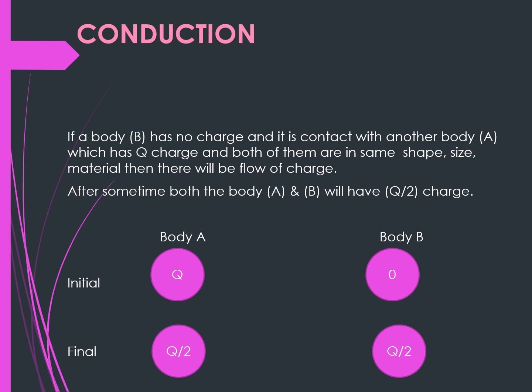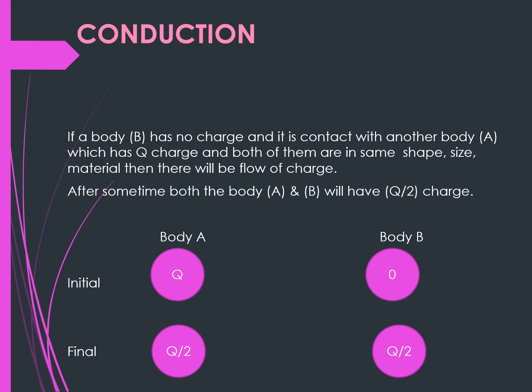So in conduction, if there are two bodies A and B, suppose body A has charge Q and body B has no charge. This is the initial condition: body A has charge Q and body B has zero charge.